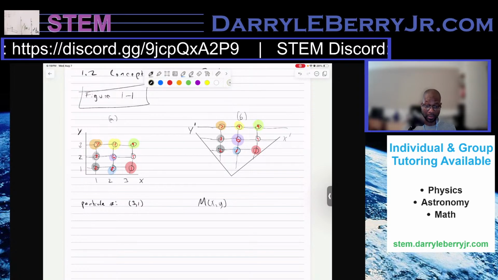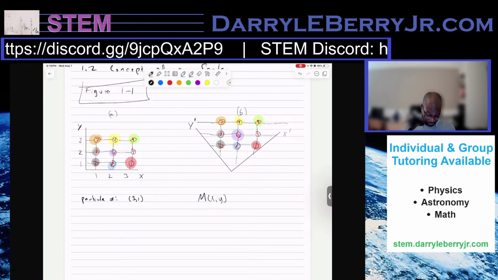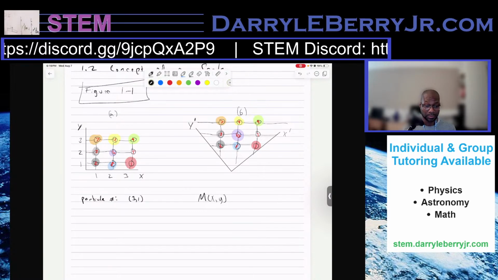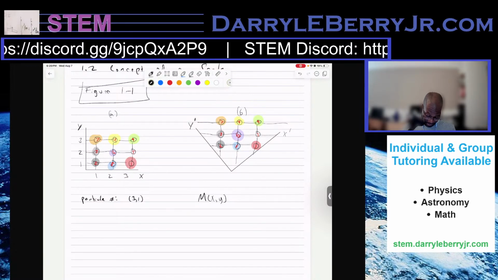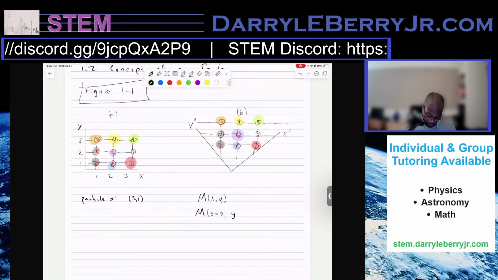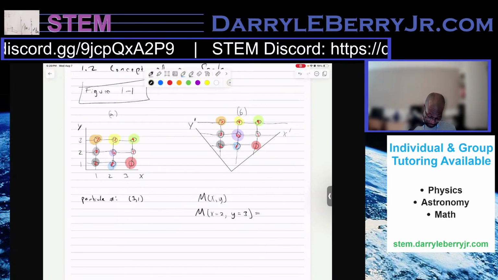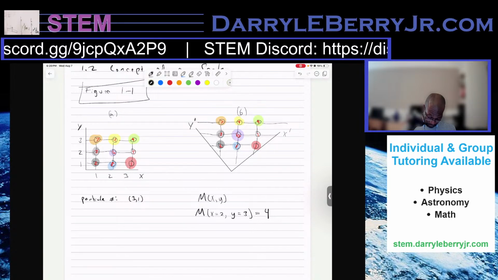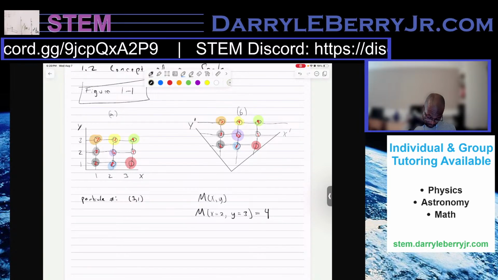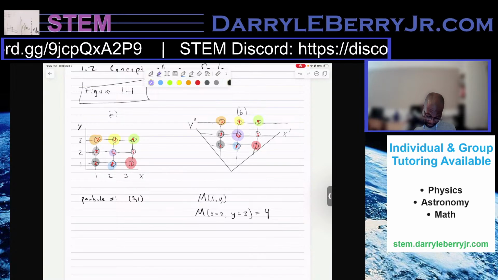Thus, the mass of the particle at x equals 2, y equals 3 can be written as m(x=2, y=3) equals 4. Simple enough. And that's the yellow one.